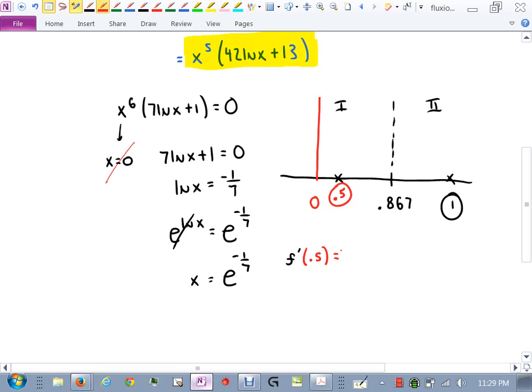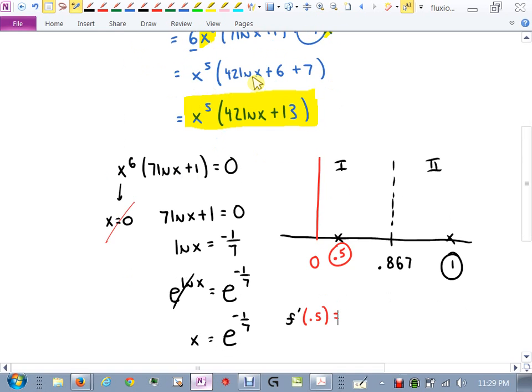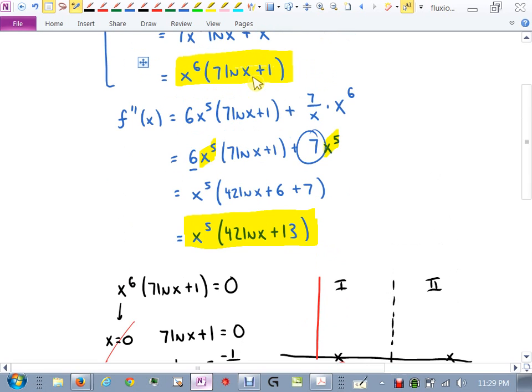So what I need to do is plug 0.5 into my derivative, which is this one up here. I'll probably need a calculator for that, but I can probably simplify it. Let me try and do it up here just so you can see it. When I take 0.5, 1/2, and I raise it to the 6th power, I get a positive number. Times, now I just got to figure out if what's in here is positive or negative.